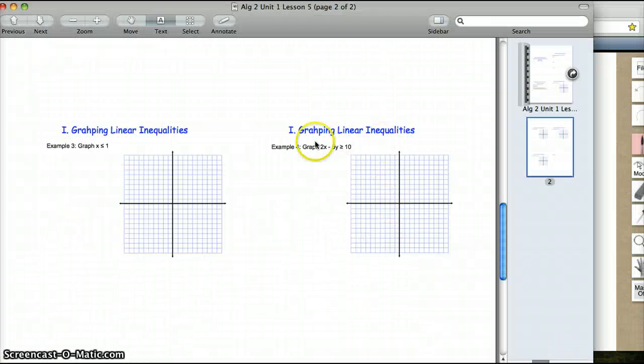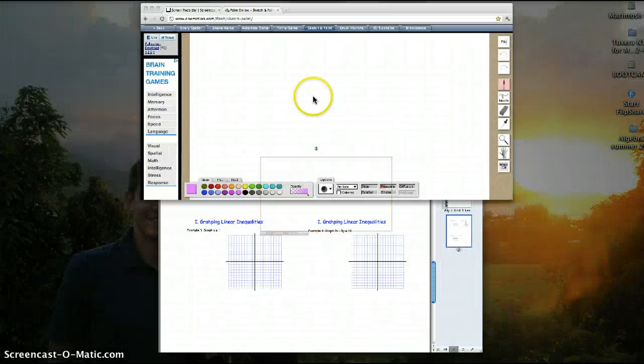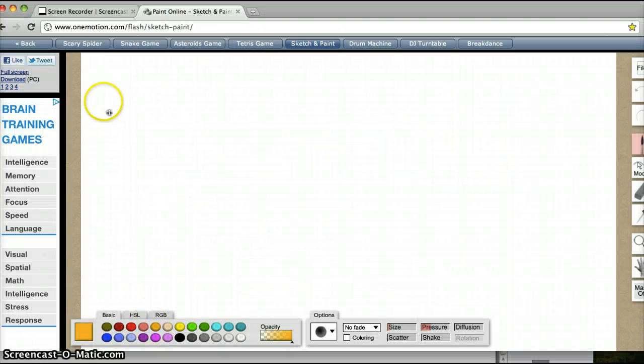Now our next example is 2x minus 5y is greater than or equal to 10. So we've got 2x minus 5y is greater than or equal to 10.